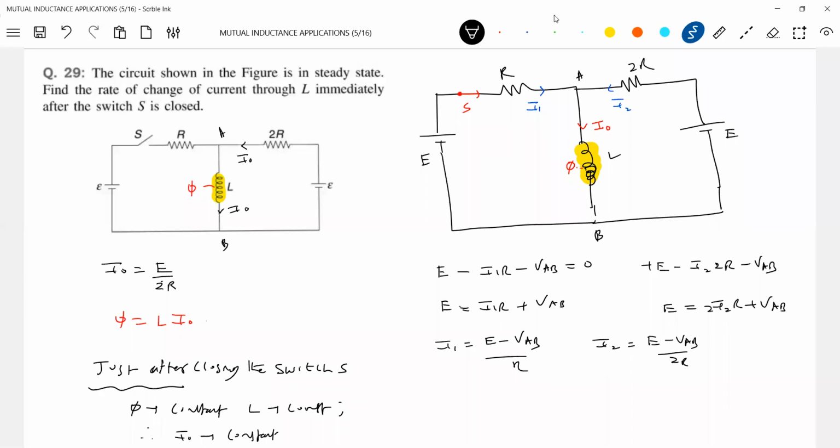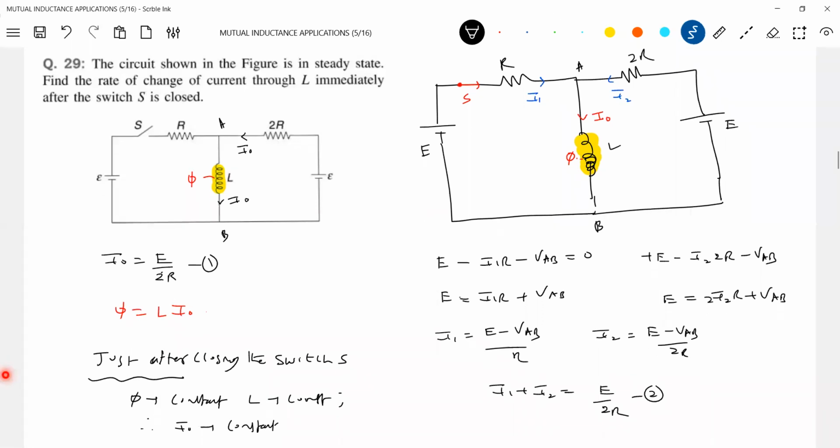VAB is common. Solving for I1, I2, I1 plus I2, how much will we end up with? We'll end up with E by 2R. Now, what is I naught? I naught is E by 2R, no? Equating 1 and 2, I'll get the expression for I1 plus I2 as I naught.